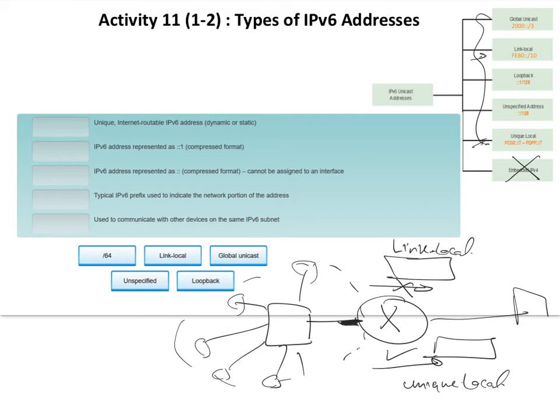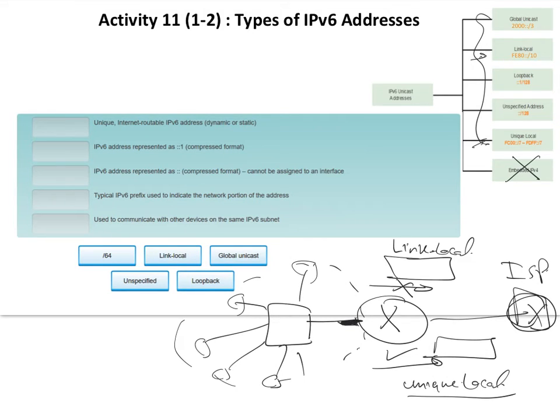However, when it goes to the ISP router, the ISP router will have to block it. Okay, so the unique local can go or pass through one local network, but the termination router of the entire organization will have to block it.